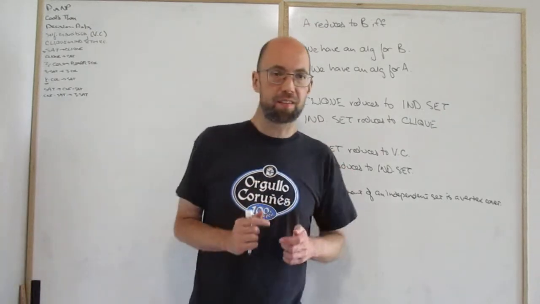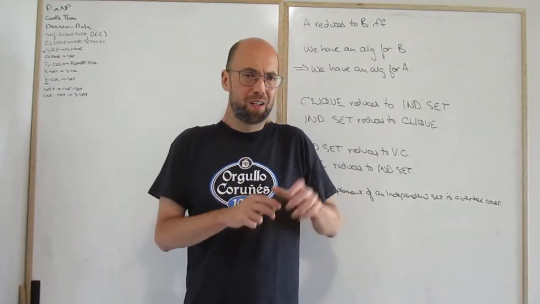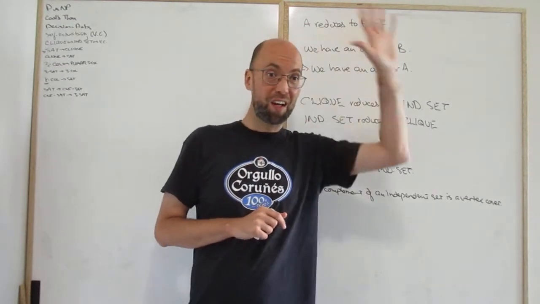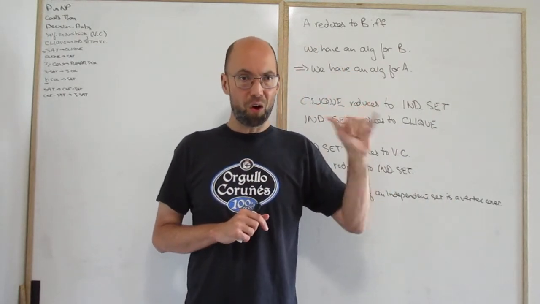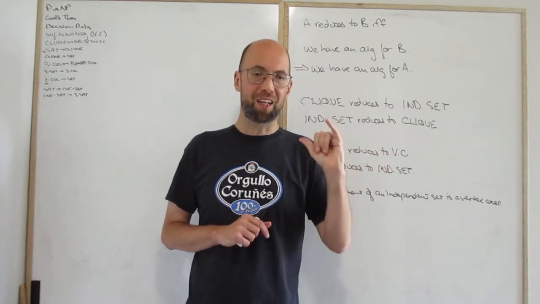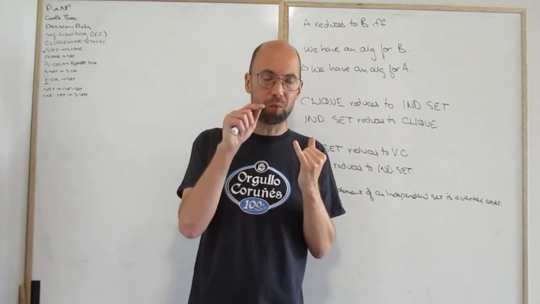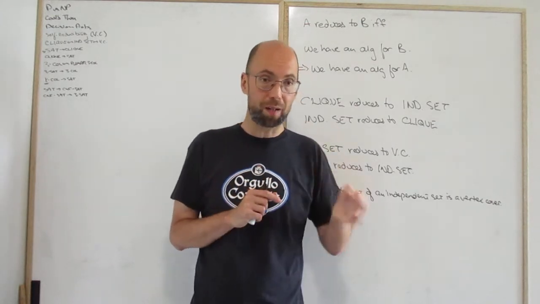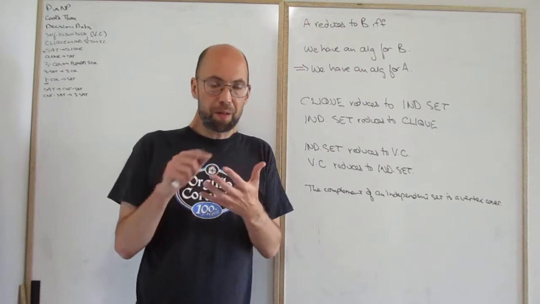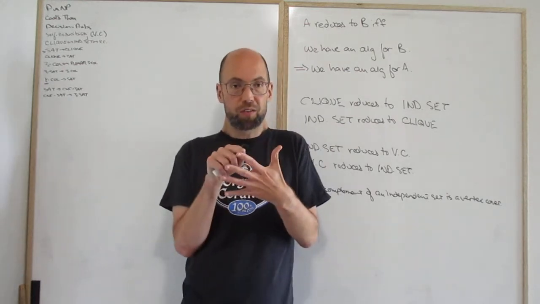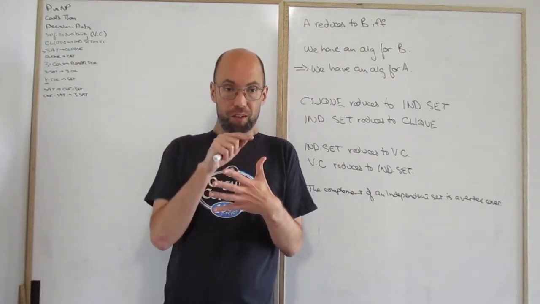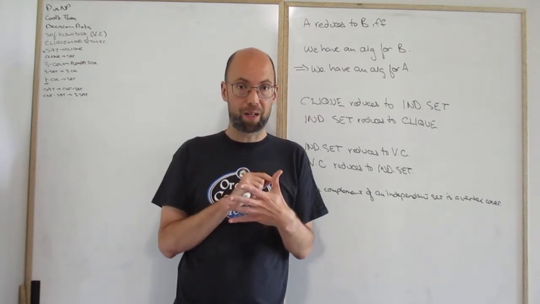Because if you take an independent set, there are no edges between those vertices, right? So if you take all the other vertices in the graph, all of the other edges have at least one endpoint in those vertices. No edge goes between two vertices in the independent set, so every edge either goes between two vertices not in the independent set, or between a vertex in the independent set and a vertex that's not in it.